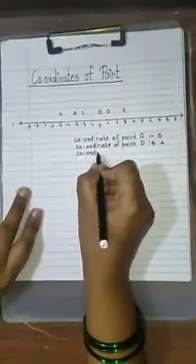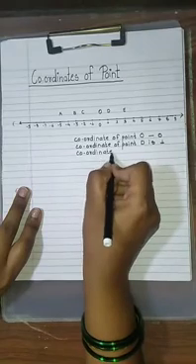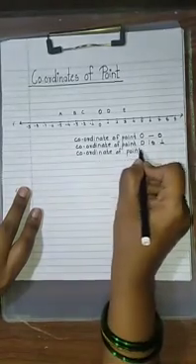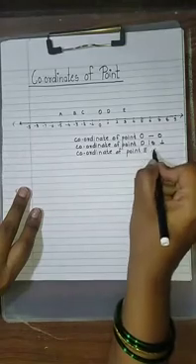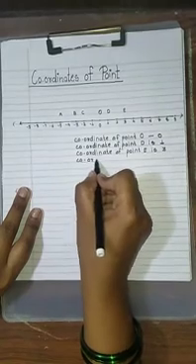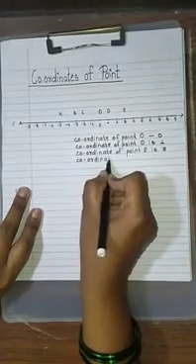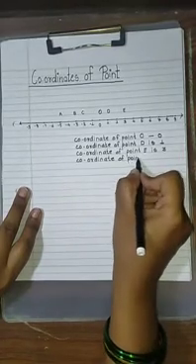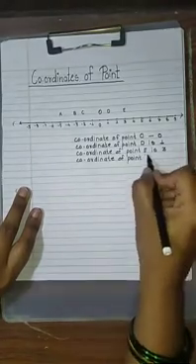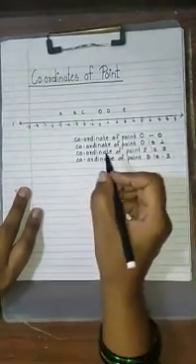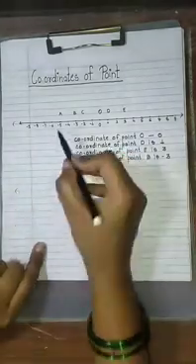Coordinate of point E is 3. Coordinate of point B is -3. Okay, you can also read it as -5 represents A.